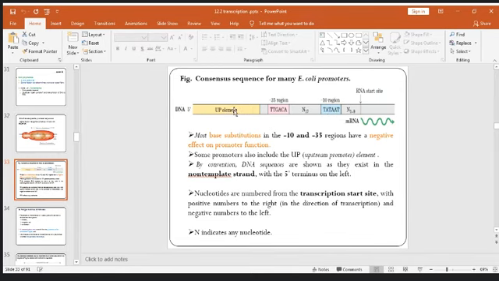So most base substitutions in the -10 region and -35 region have a negative effect on promoter function.